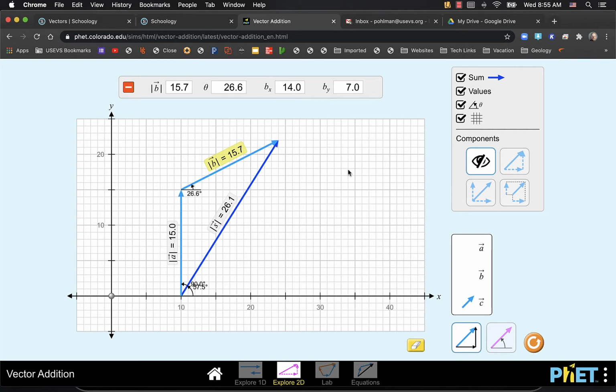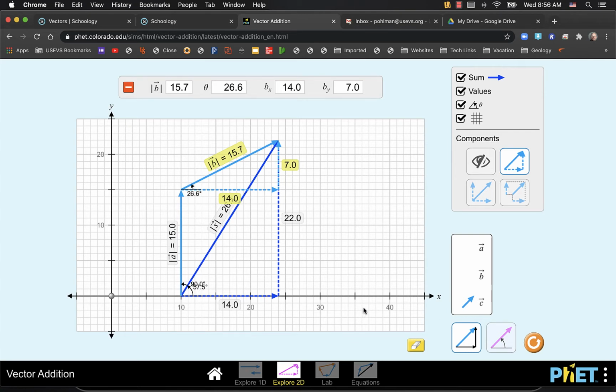So if we add up those values, do you see with this purple vector how we form a big triangle by adding up the y value from this and the y value from that, and then the x value, we add up the x value here. So we can use the x and y values for each of the component vectors, add them up, and we get a right triangle.